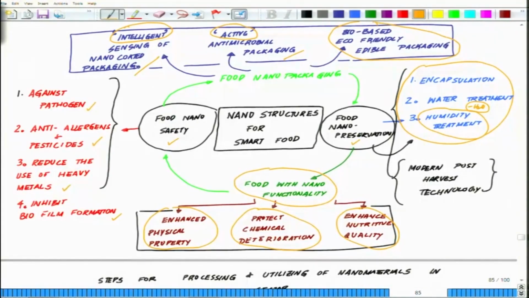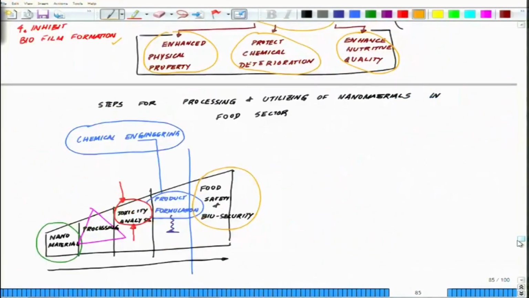Okay. So, these are the areas we have already talked. And now we are developing what are the steps for processing and utilization of nanomaterial in the food sector. So, we talked about the selection of the nanomaterial, the processing, toxicity analysis, product formulation, and food safety and biosecurity.